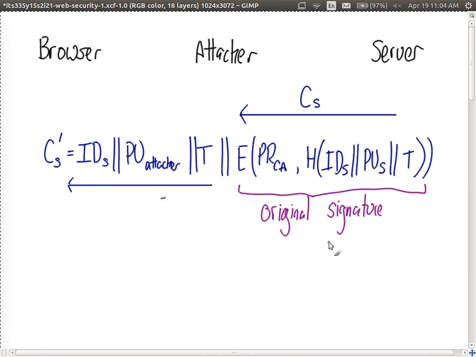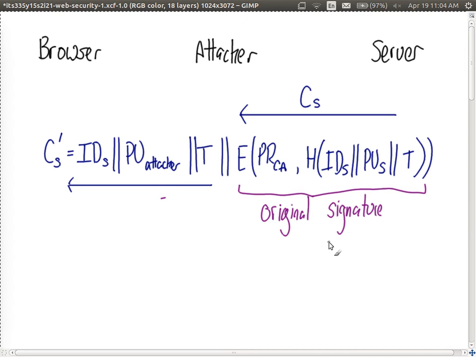What the attacker does, they just change the public key inside the certificate without changing the signature. The signature is X bits long, they just copy those X bits without having to encrypt again and generate it. The browser receives this modified certificate. They don't know it's modified yet.